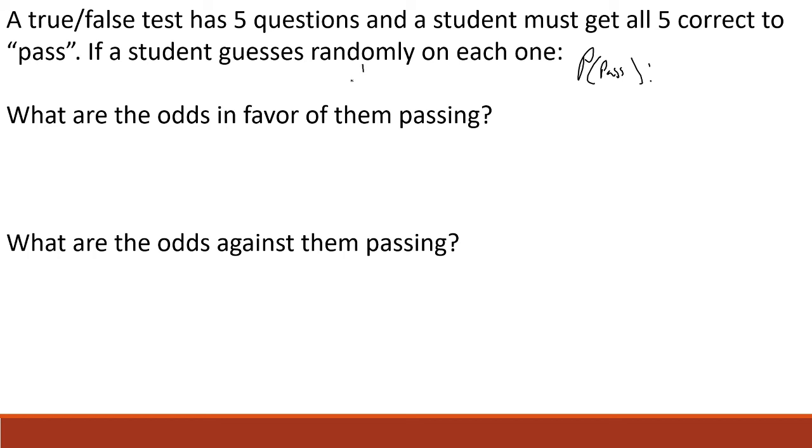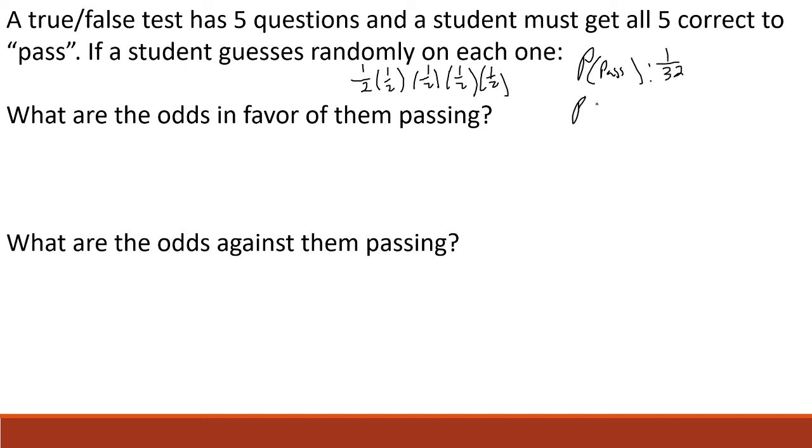That's going to be 1/2 times 1/2 times 1/2 times 1/2 times 1/2, right? That's the chance of getting all 5 correct, because you have a half a chance for each problem. So it'll be 2 times 2 times 2 times 2 times 2. That'd be 32. So there's a 1 in 32 chance of him passing.